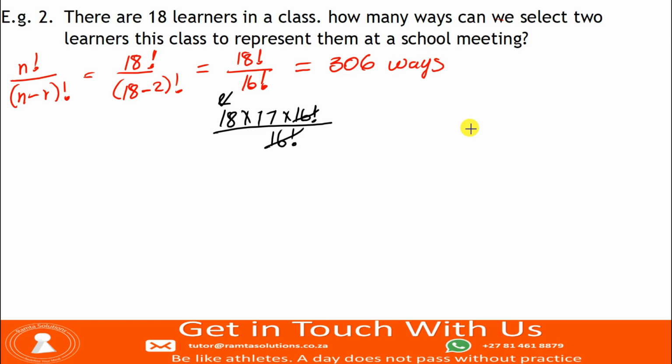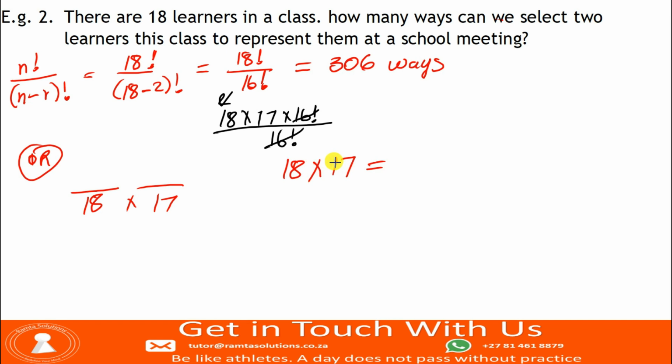Or you can say this is 18 and this is 17. So what is this? This is 18 times 17, which is, again, 306 ways. Or maybe when you write in your exam, normally this is how you say 18 times 17, this is 306 ways.